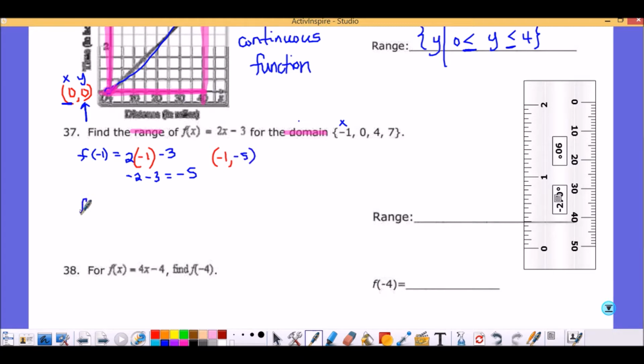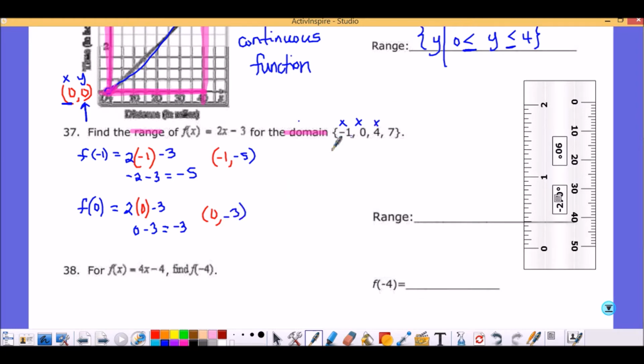All right, so let's try another one. If I want x to equal 0, that means every time I see the letter x, I'm going to put 0 in its place and find the answer after that. So I have 0 minus 3, and that would be -3. So that really means I have (0, -3).